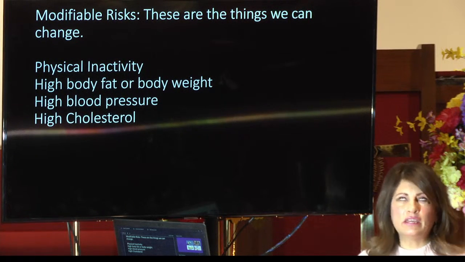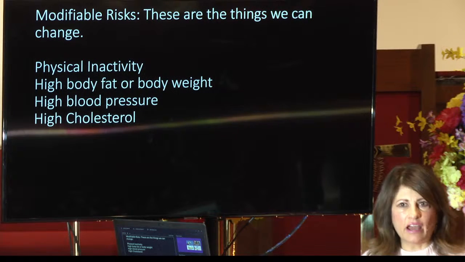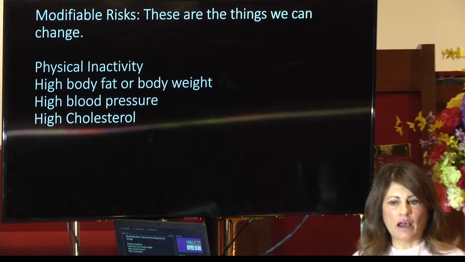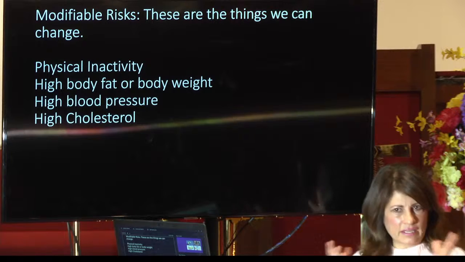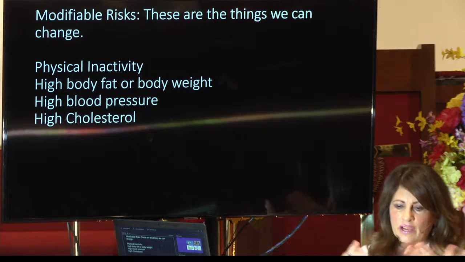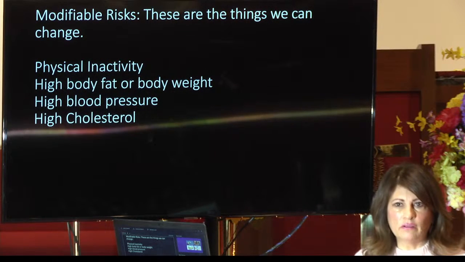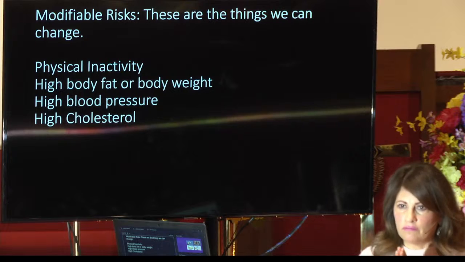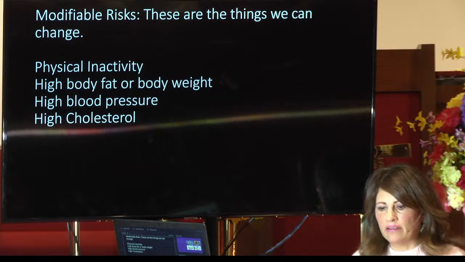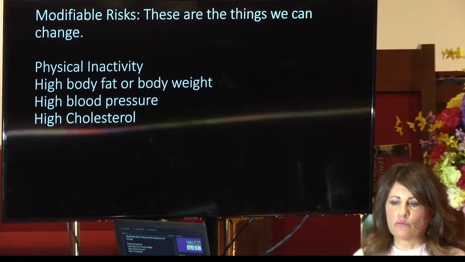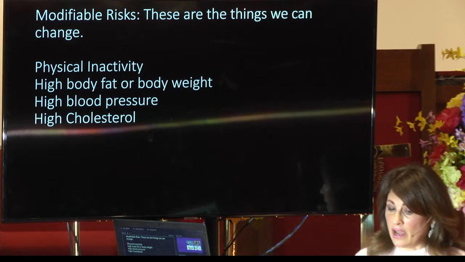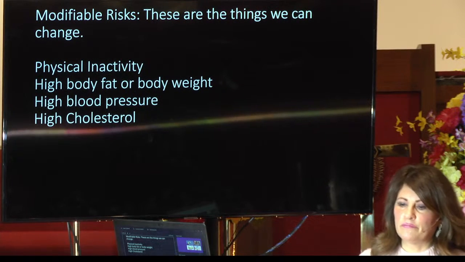We can bring our blood pressure down by healthy living and exercise and eating right, less salt. We can bring our cholesterol down somewhat by not eating so much of the things that cause all that. So these are modifiable risks. These are things we can change. And I myself am trying to work on that.